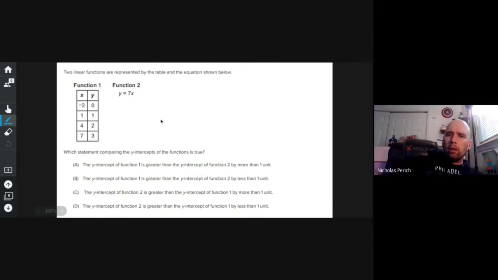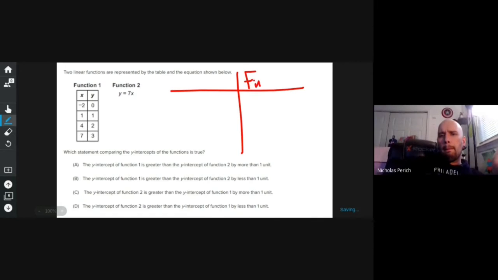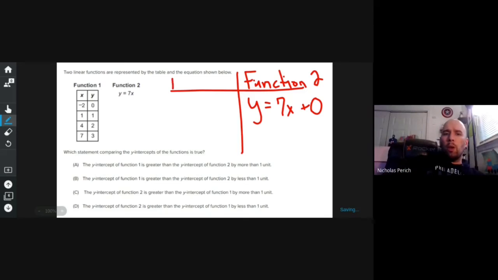Okay, so let's just, first off, function 2 is y equals 7x, and they care about the y-intercept. So the y-intercept for function 2 is 0. Function 1, I have to find out.